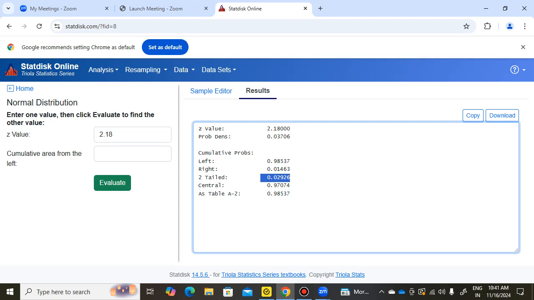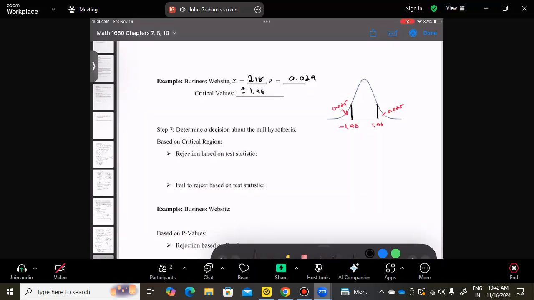And that is 0.02926. So I'll just write it as 0.029. All right.